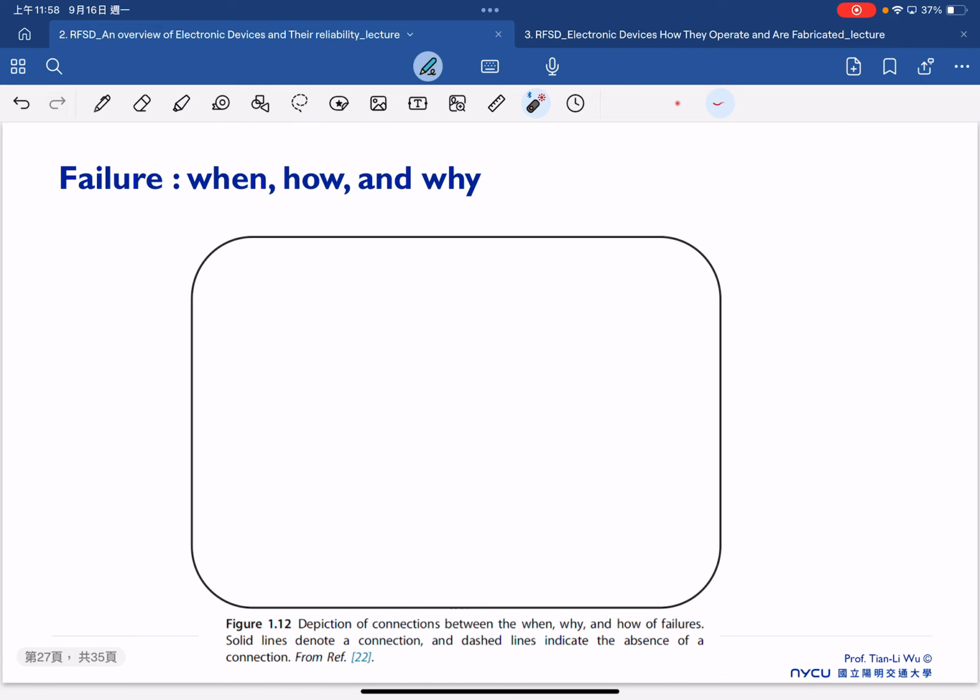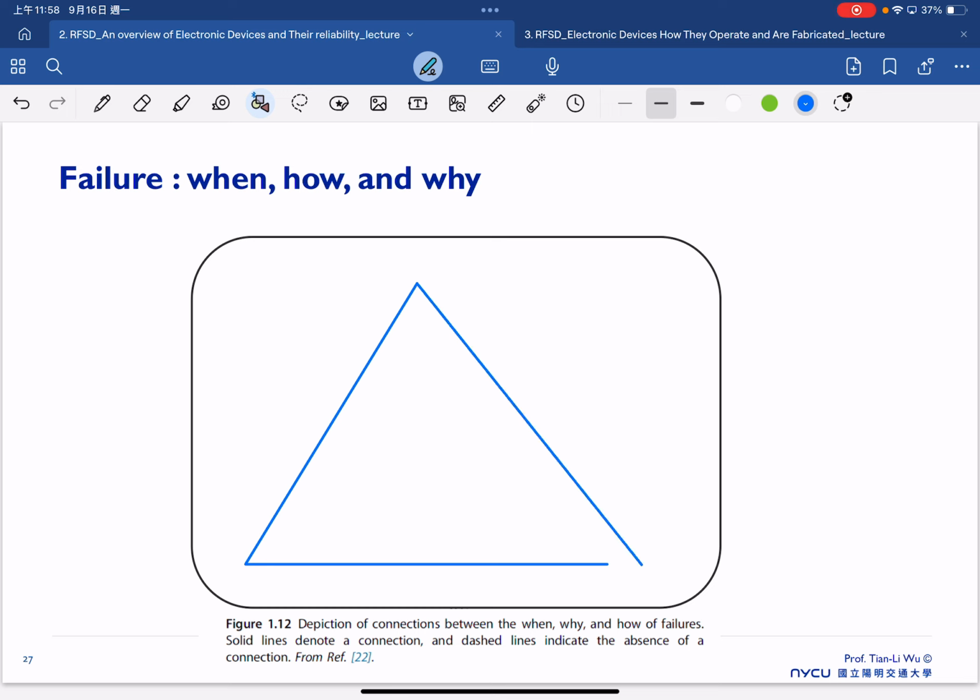Okay, so next, of course, when we talk about failures, always keep in mind that we need to understand when, how, and why. That's always the question we have to continuously ask ourselves. If you look at this triangle here, there are three important questions.